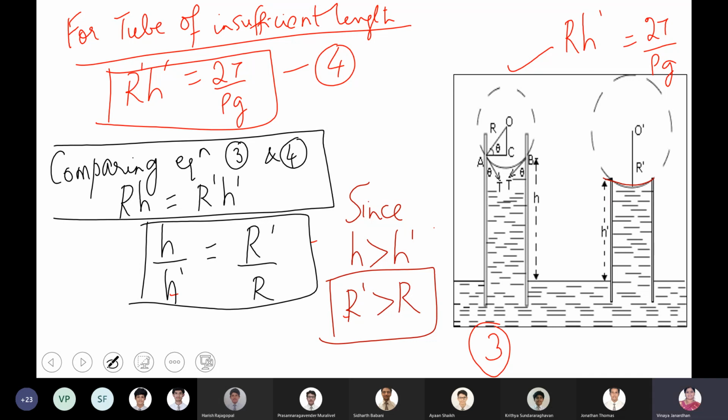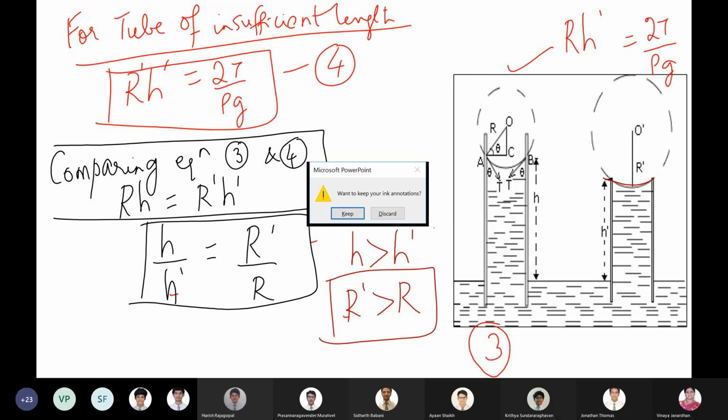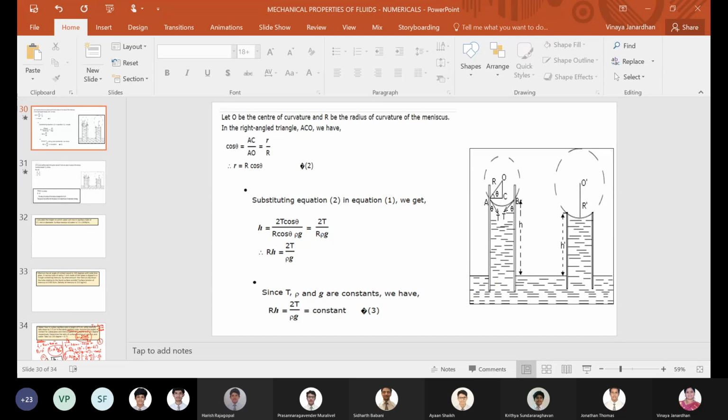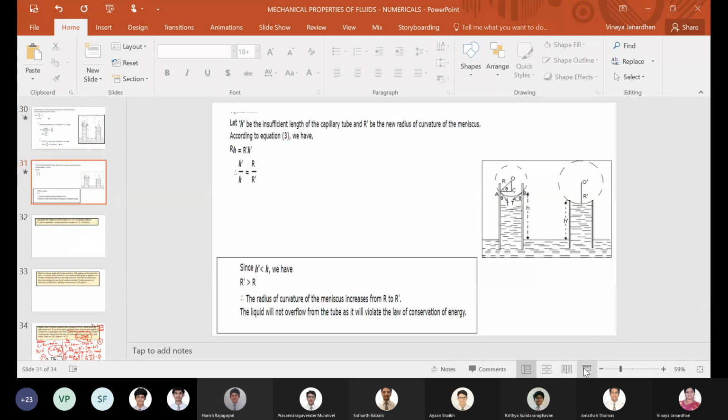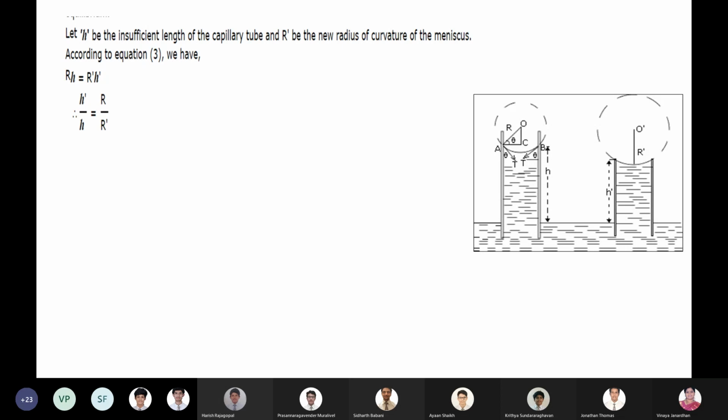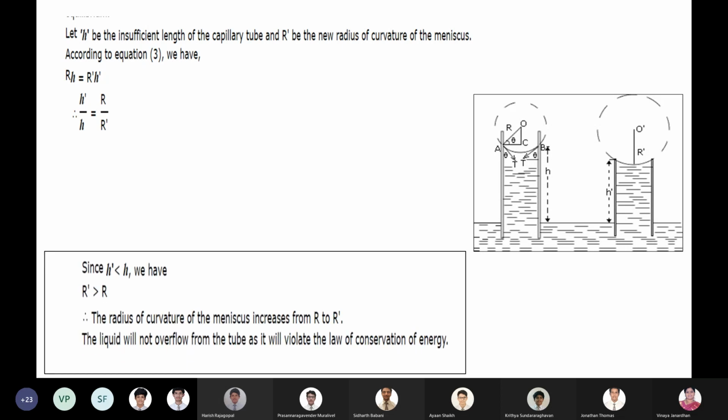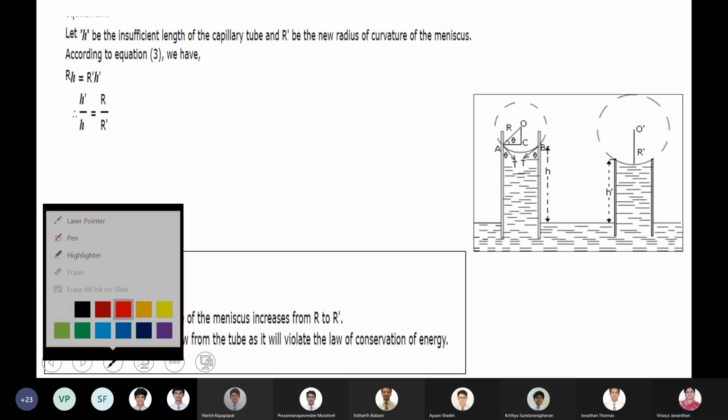Shall I go for the next slide, boys? Someone take the screenshot and put it in the chat box so that I can move to the next one. So now you can write this one.